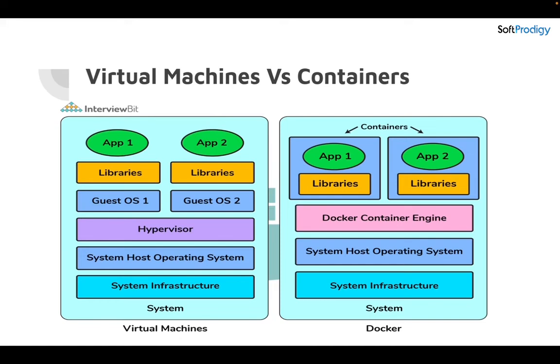A virtual machine is a copy. If you have Windows in your system, you can install software called a hypervisor, and in that software, you can install any operating system.